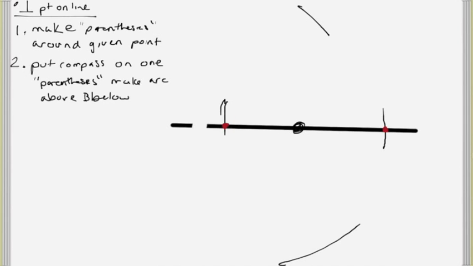Then, keeping that same compass setting, go over to the other parentheses and do the same thing. Yep, you have to keep the same setting when you do those two steps.